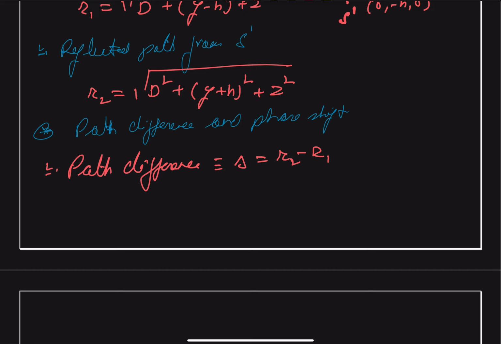And because one of the rays undergoes reflection, that is giving us a phase shift of pi.